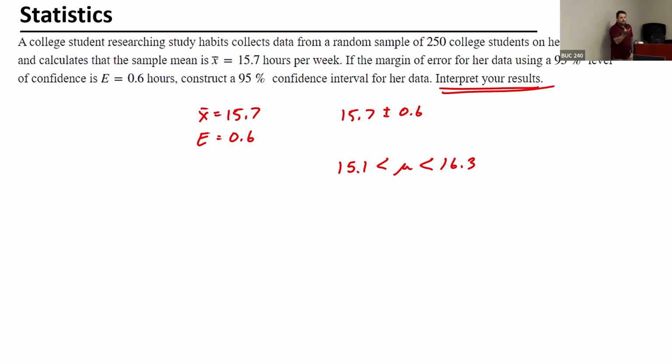No, I don't. I have no idea. But I am 95% confident, with that margin of error, that the population mean sits between 15.1 and 16.3 hours.